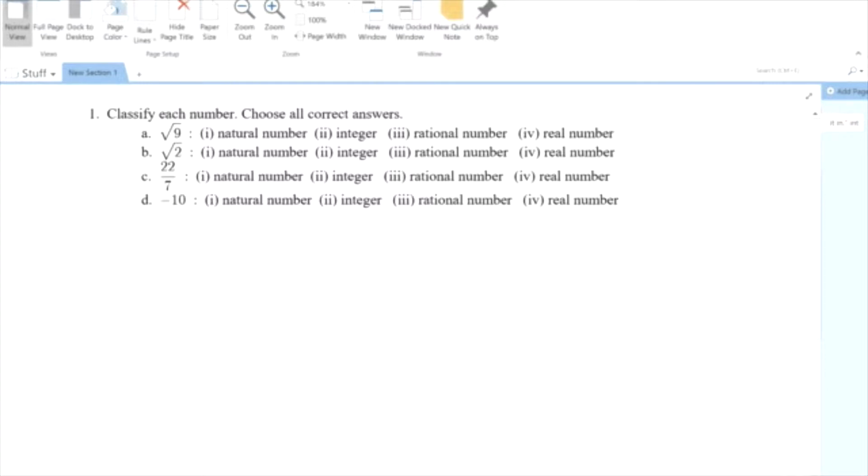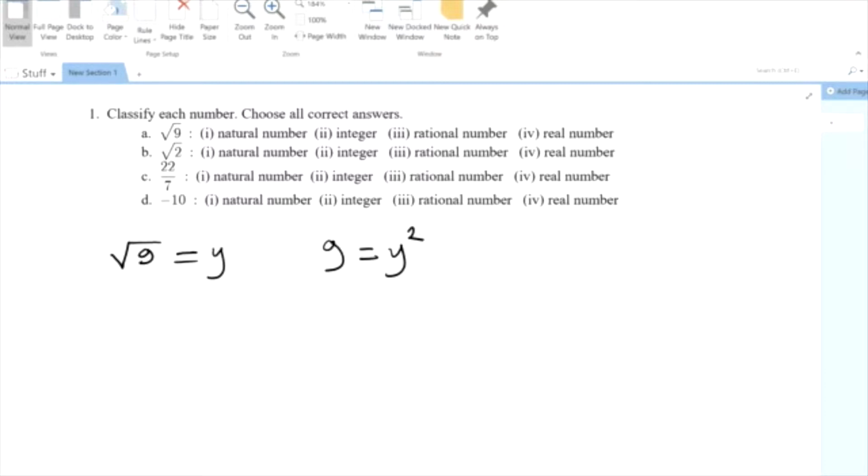So to start with, A is asking us what number, when squared, gives us the root of 9. Or to be precise, we're asked what number, when squared, gives us 9.